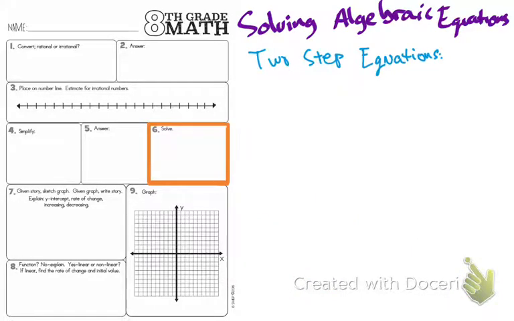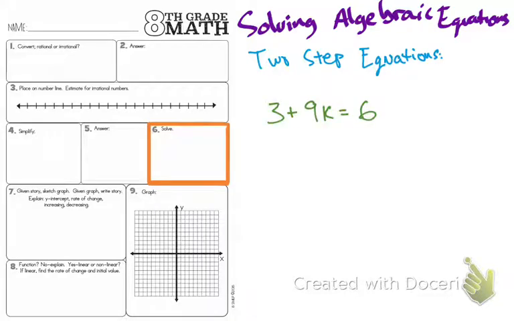Next, let's go ahead and look at some two-step equations. Two-step equations involve two operations. We're going to see an equation with addition and division, or multiplication and subtraction. And that means we've got two steps that we need to work with. So let's go ahead and look at an example here.